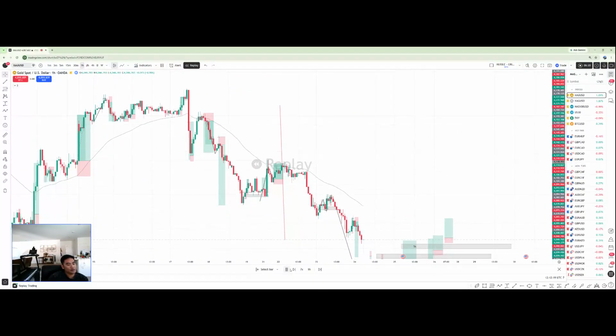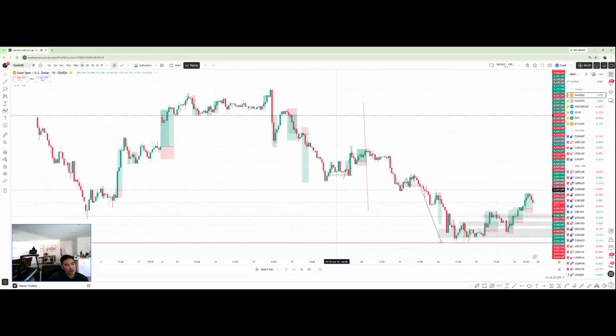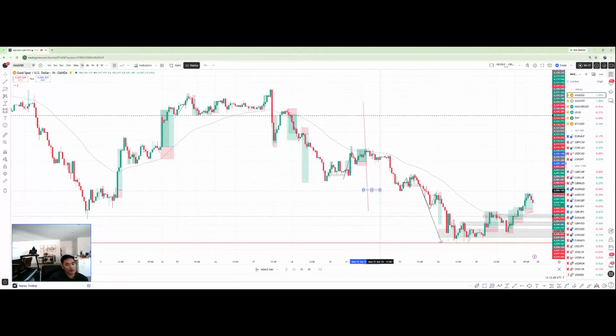Then when price broke again, lower low, lower high, potential lower high. We got this first move on Tuesday, 2RR, and then I have this support and resistance here because in the 1 hour time frame you have this right there.